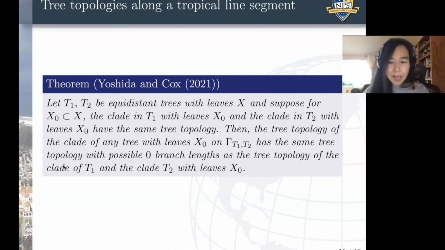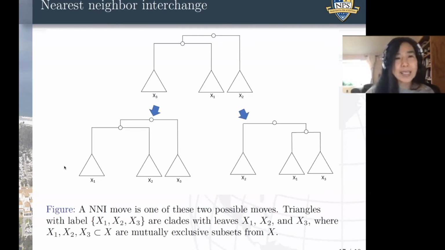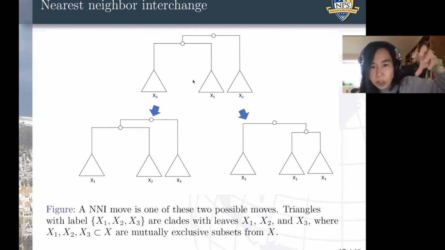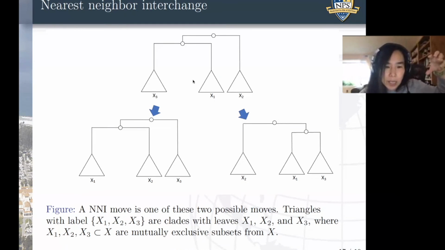Okay. Then the third thing is that we're going to define the nearest neighbor interchange move. X3, X1, X2 are clades, as I defined before. Nearest neighbor interchange is a tree move that changes the tree topology while you still fix the clade topologies X1, X2, X3, but change the edges.